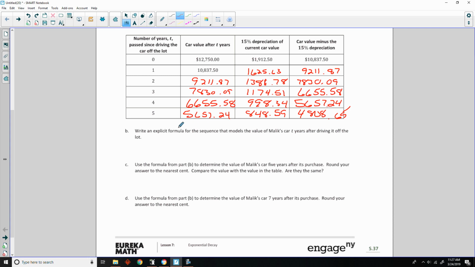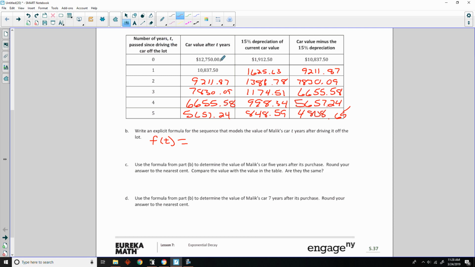B says, write an explicit formula for the sequence that models the value of Malik's car T years after driving it off the lot. Okay, so we have a function notation of f of t. It's a function with respect to time, and it equals our car value after 0 years. It's not worth 15 grand after you drive it off the lot.